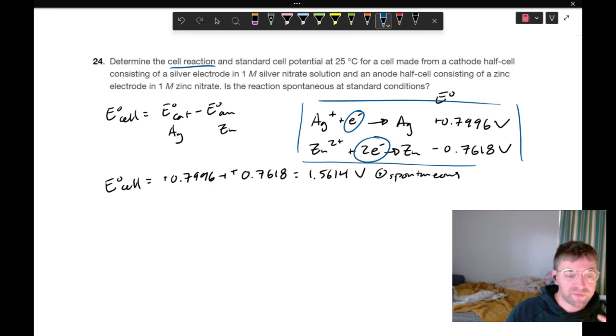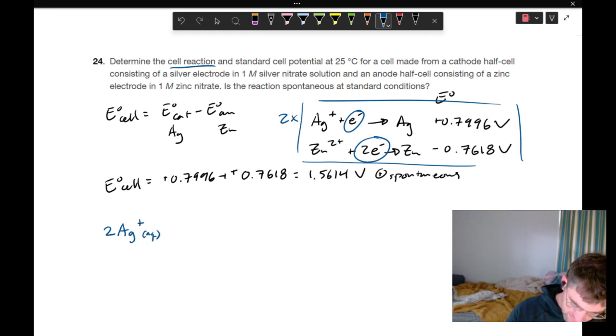So, and we need for those electrons to cancel out. So we're just going to multiply the silver side of this times 2. So we have 2 silver plus, this is aqueous, plus 2 electrons. The electrons are going to cancel out. So I'm going to go ahead and get rid of that.